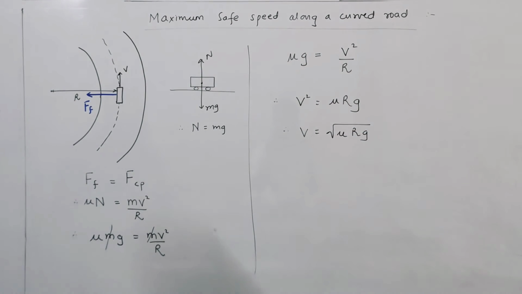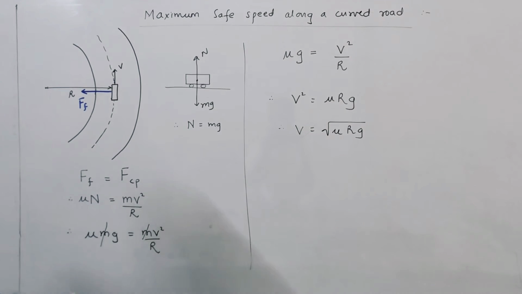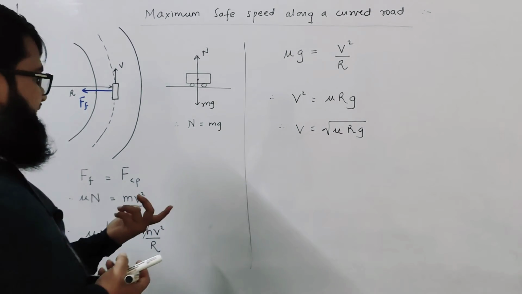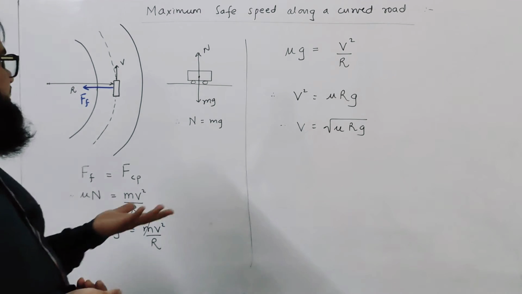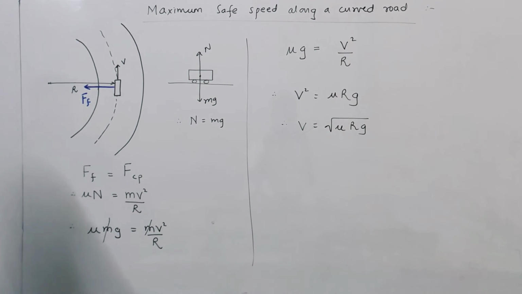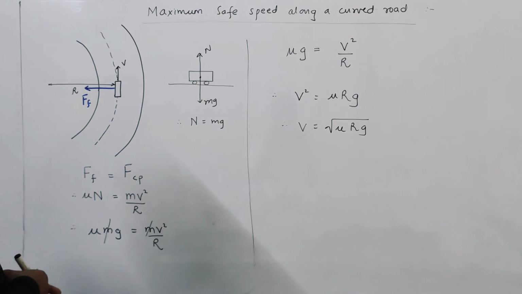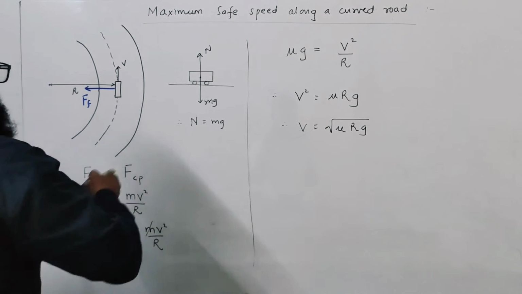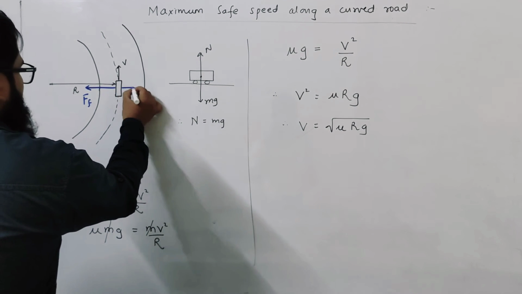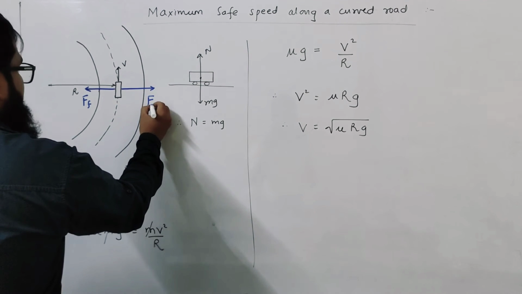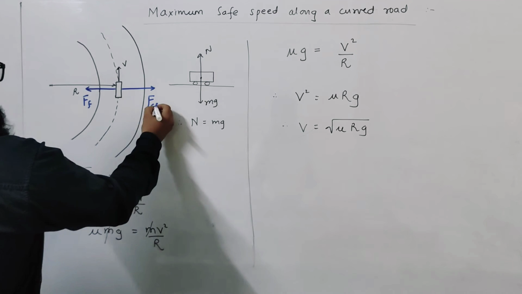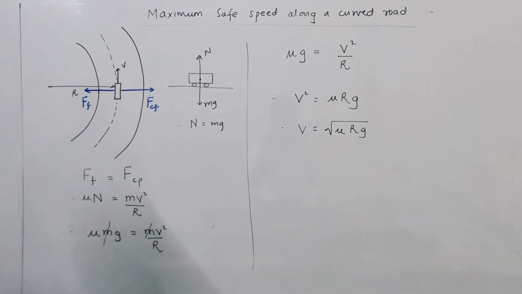You should know one thing, that if the velocity is greater than this velocity, the object may skid, because it may come out of this path, the vehicle may overturn, because whatever is the centripetal force, with the same magnitude there is a centrifugal force which acts in the opposite direction.